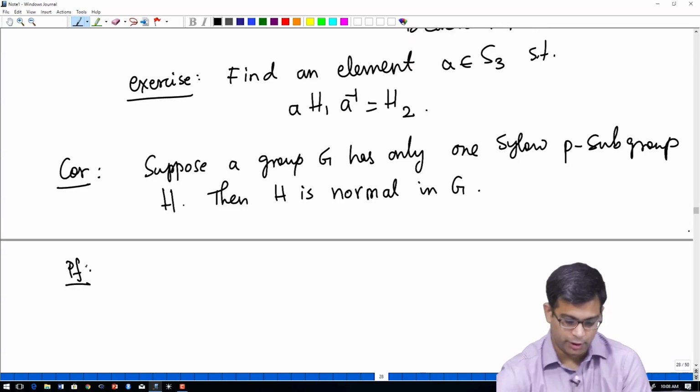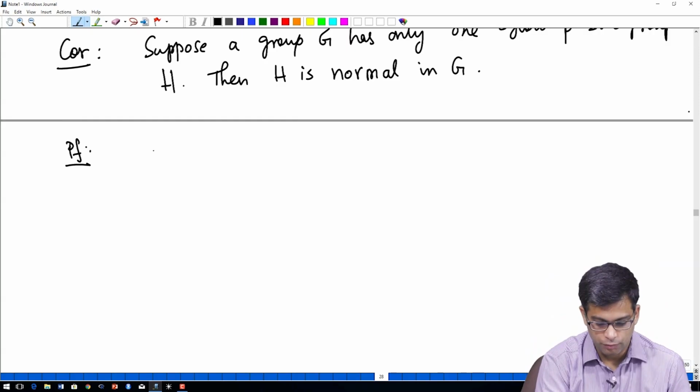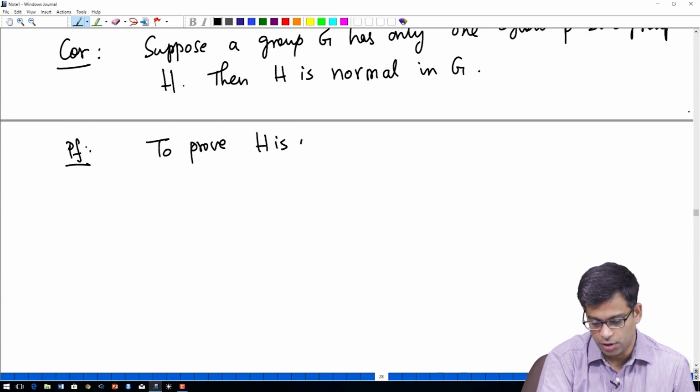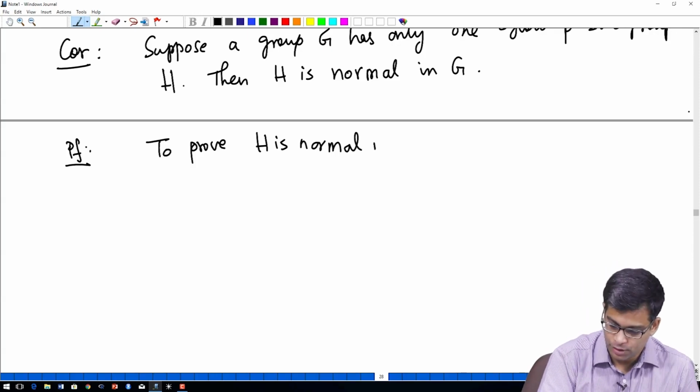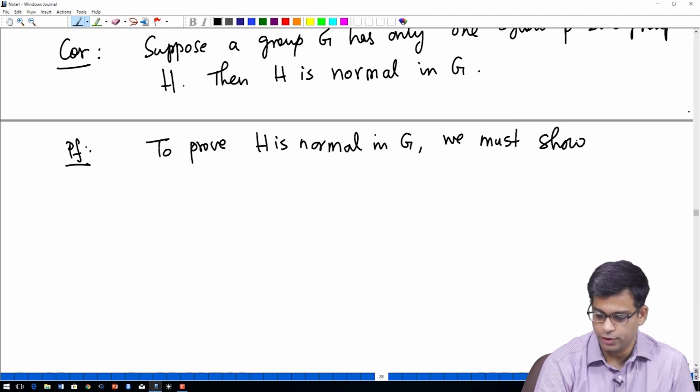So, the proof is the following. Recall what is a normal subgroup. To prove H is normal in G, we must show, what do we need to show?